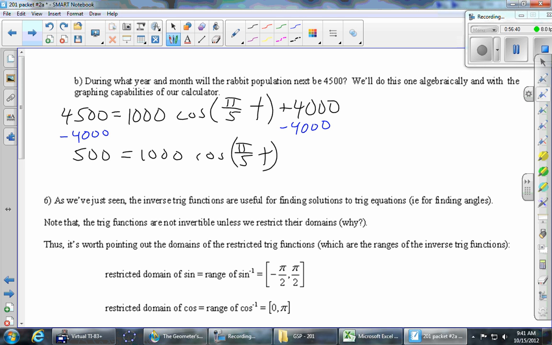And what moves next? 1,000 moves. What do we do with it? Divide. So divide both sides by 1,000. So that becomes just a half.